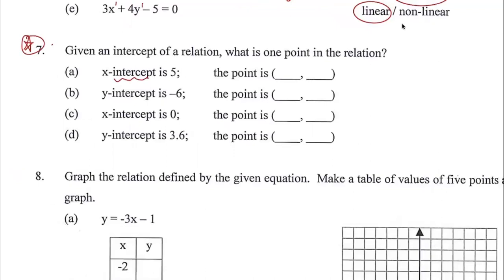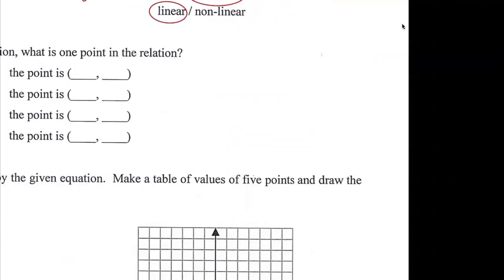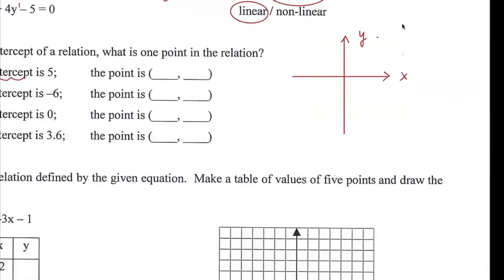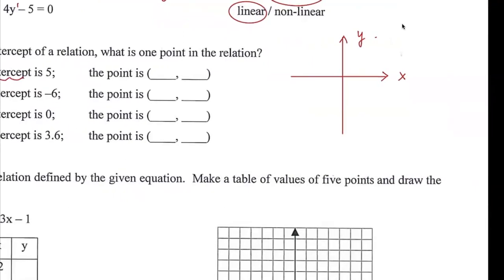So what is XY intercept? Let's draw a graph. Okay, so we have X and Y, right? Let's draw a random straight line. Let's say the straight line goes like this. Right? So let's call this L. So this is a straight line, right? What is the X and Y intercept?